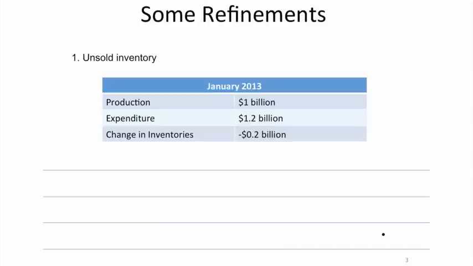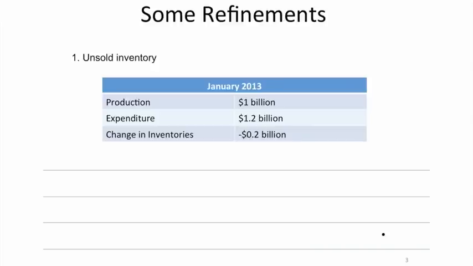Well, let's suppose something different happens in the following month, January 2013. Once again, over that month, there's a flow of production equal to $1 billion. Well, let's suppose there's an increase in expenditure, $1.2 billion now. How is this even possible? It's possible because that unsold inventory is now being sold.